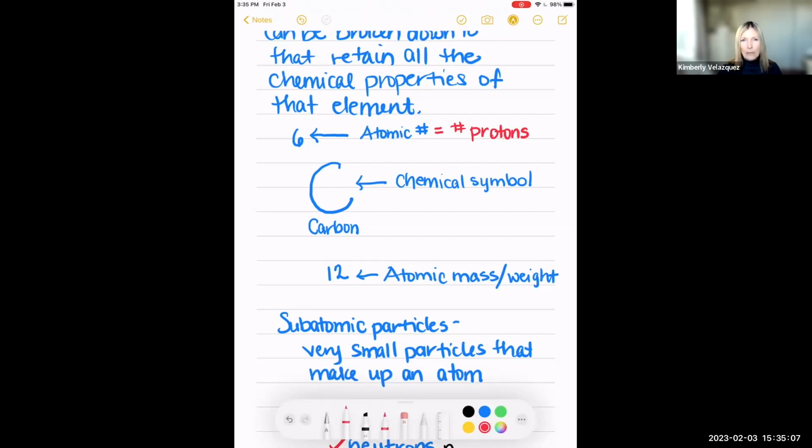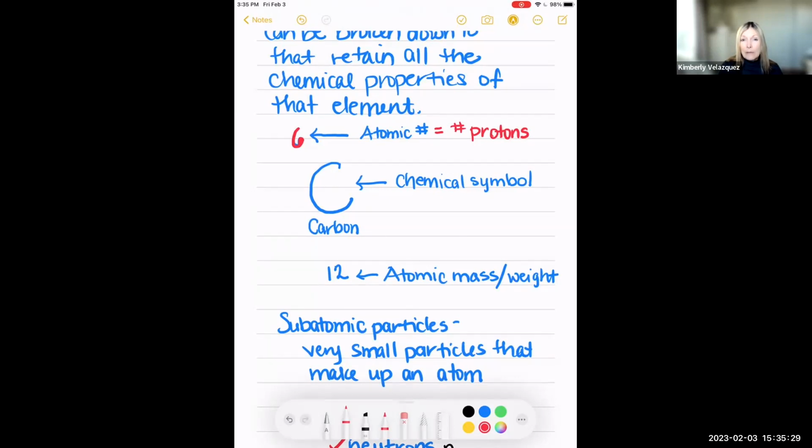So all carbon atoms have 6 protons in the nucleus. We know that because carbon has atomic number of 6, and that is equal to the number of protons in the nucleus of carbon. It's also, remember, the order in which every element is arranged on that periodic table.